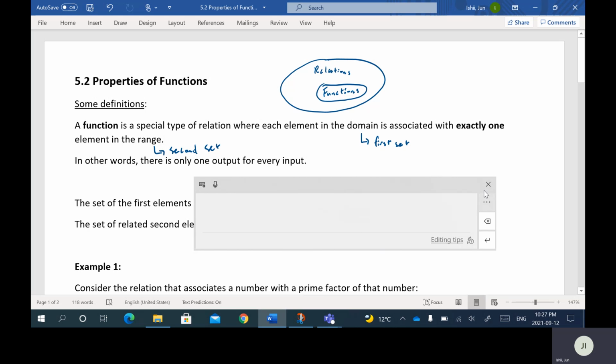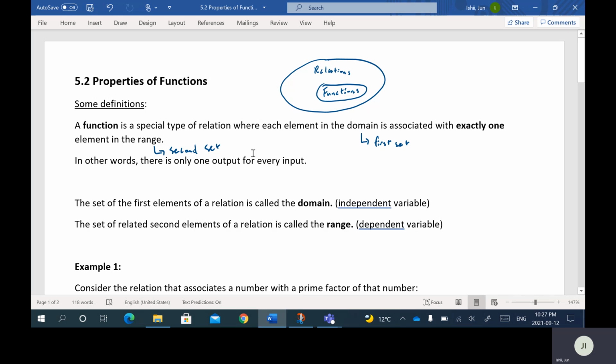If you recall from the last lesson, the relation was associating one set with the other. You can refer to the first set that you draw as the domain and the second set as the range.